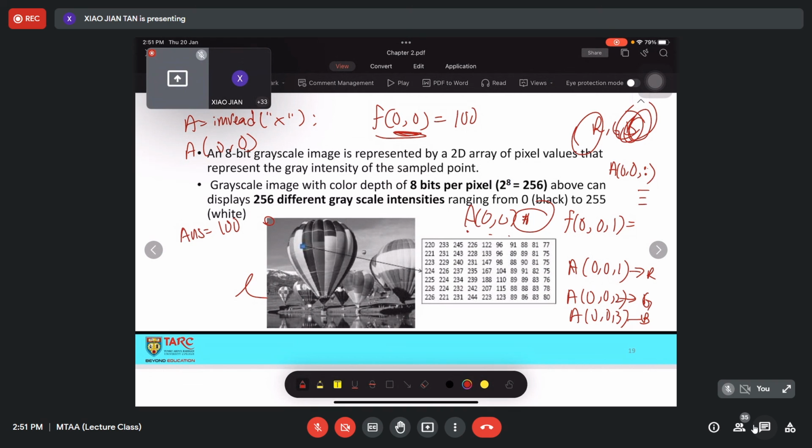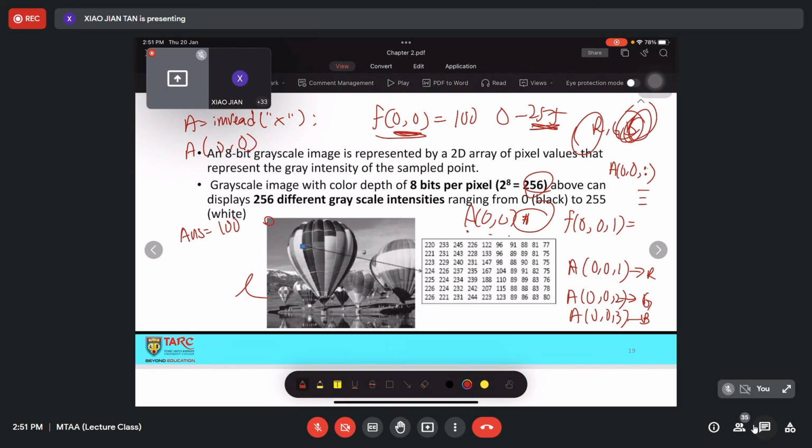An 8-bit grayscale image is represented by a 2D array of pixel values that represent the grayscale intensity of a sample point. A grayscale image with color depth of 8 bits, 2 to the power of 8, equals 256. Remember, you have only 256. This is the maximum count, 0 occupies one value, and then the rest up to 255.